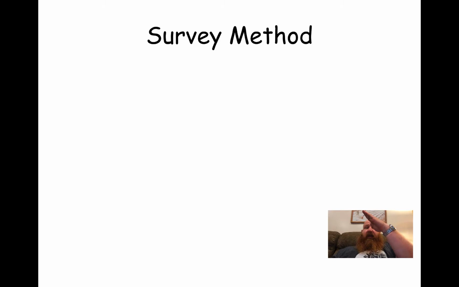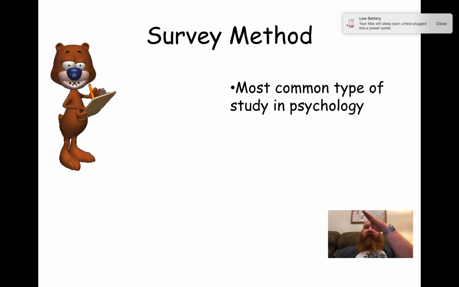The assignment I gave you about participating in a research project, the majority of them are going to be surveys. So this is an easy way to get involved in a psychology project, but also kind of see what's going on. The survey method is one of the easiest.